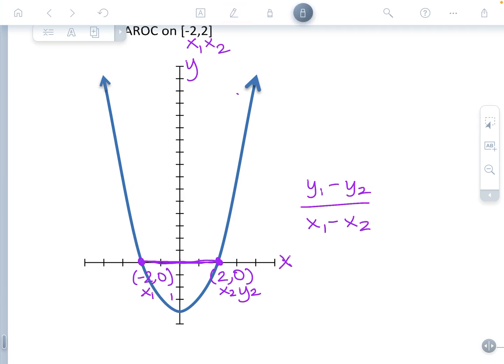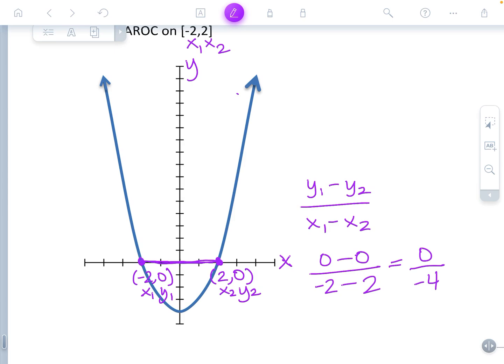So now we're going to go ahead and plug those in. Okay, so y1 is 0 and y2 is also 0. That's nice. x1 is -2 and x2 is 2. So now when I put this in, it's going to be 0 over -4.